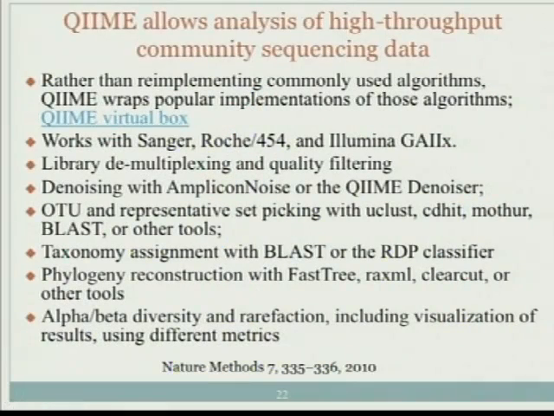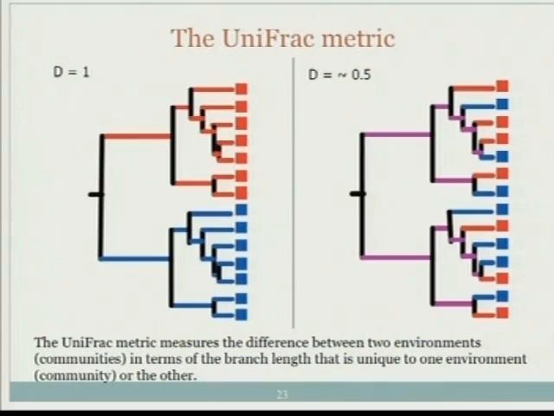And this package allows you to analyze the diversity or evenness of microbial communities. So one of the metrics I just want to mention very briefly is the UniFrac distance.